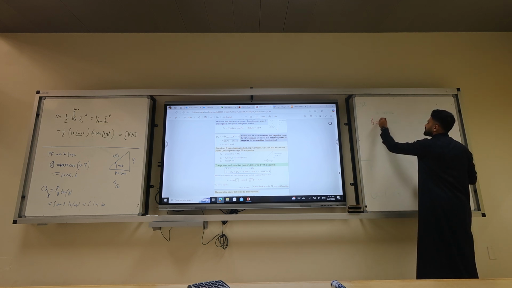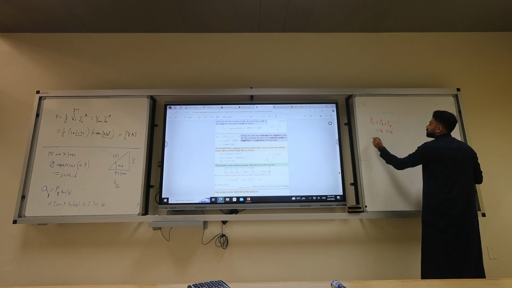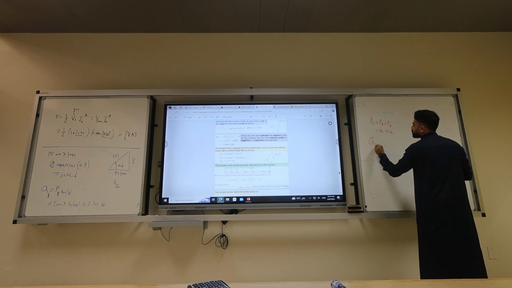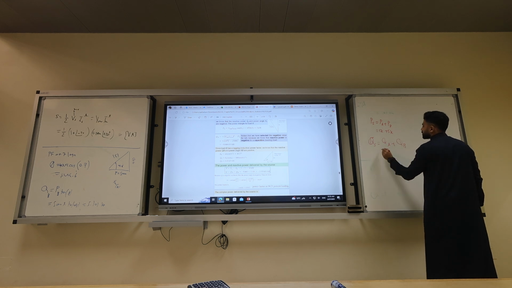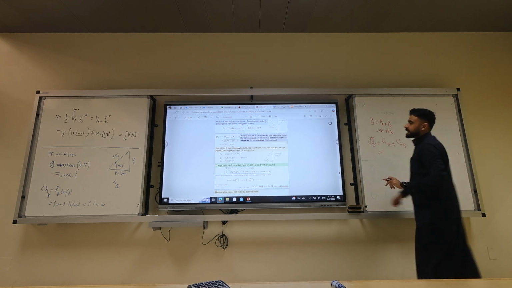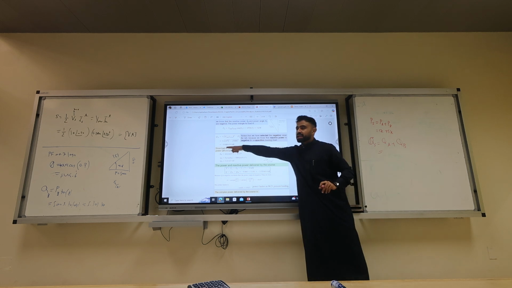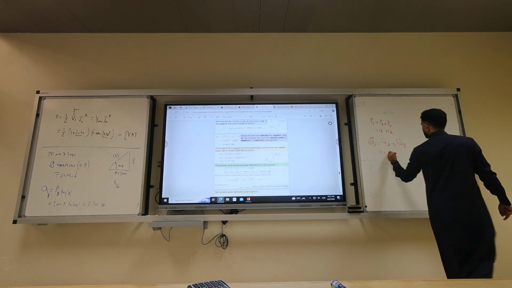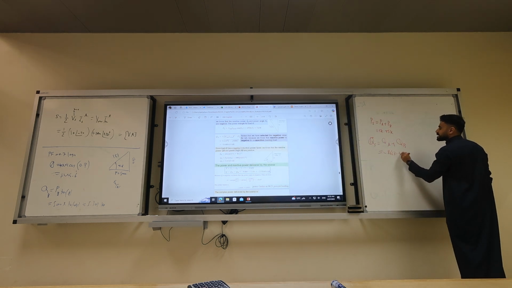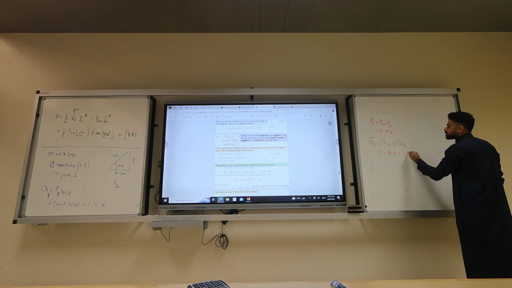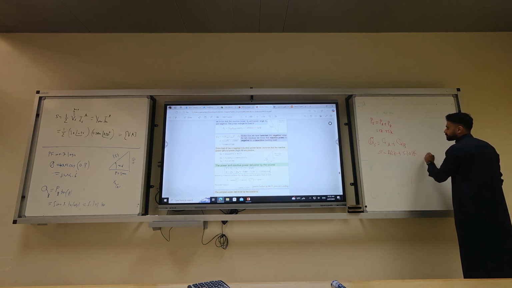P sub S is P sub A plus P sub B, which is 5 kilo plus 5 kilo. Q sub source is Q sub A plus Q sub B. Q sub A, I calculated it here, minus 8.6 kilo, plus Q sub B is 5.101 kilo bar.